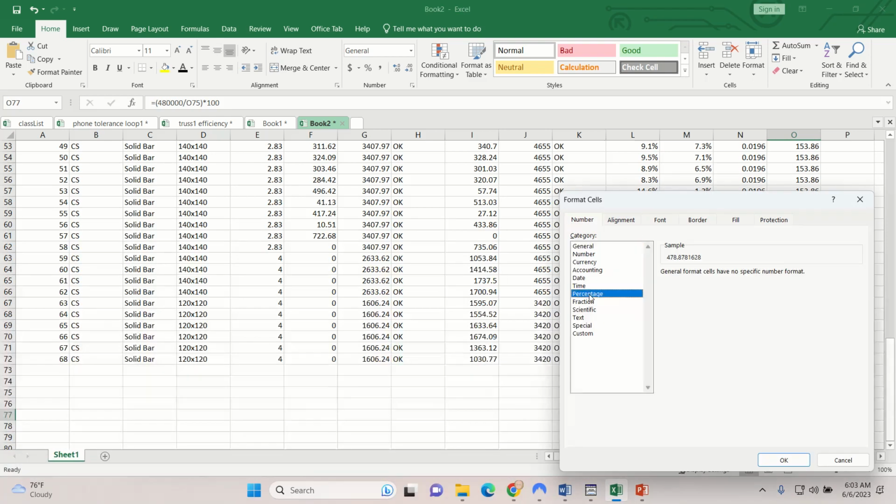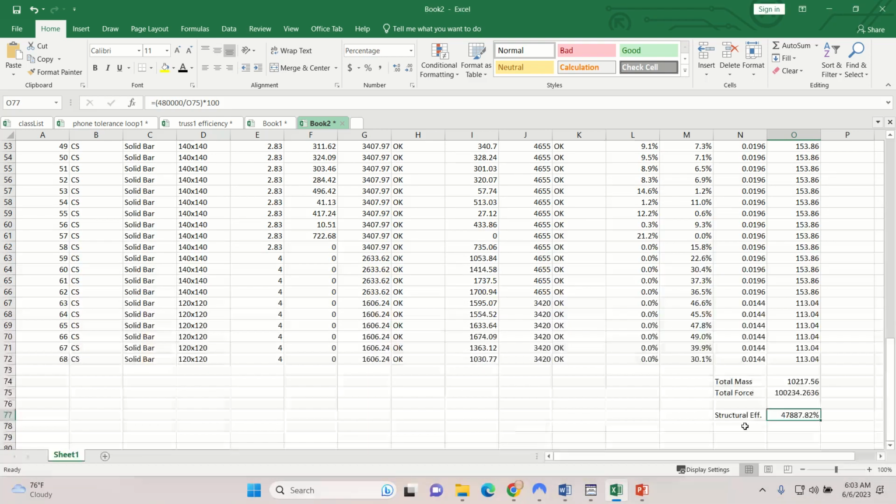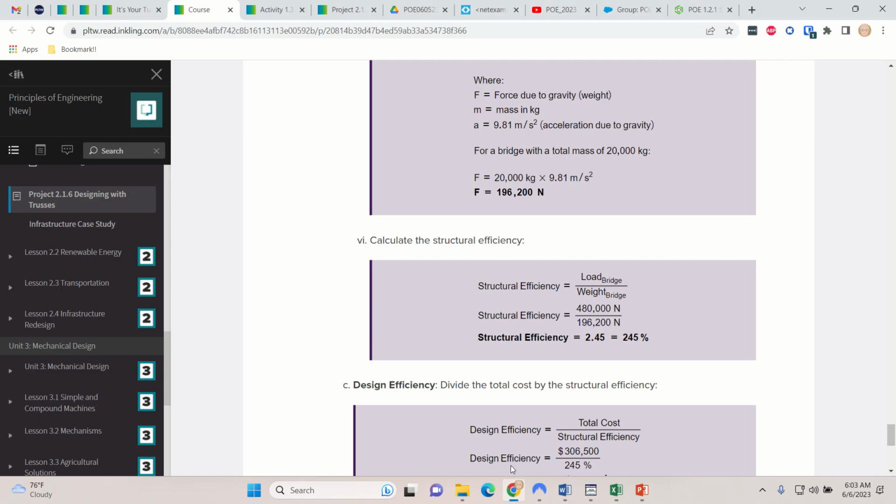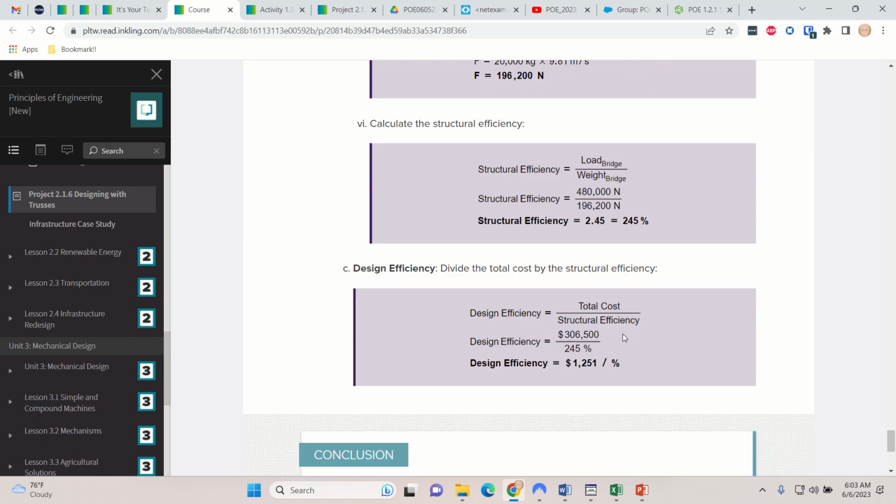Let's make it look a little cleaner. Oh, no, not percentile, sorry. If I do that, then I don't need this. Which apparently is okay because this was 245, so over 100 is not a big deal.